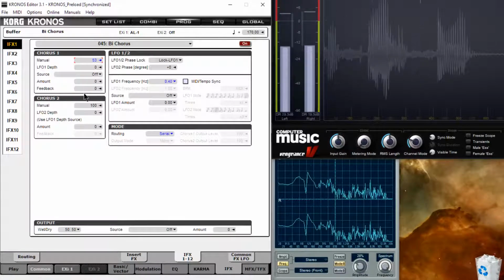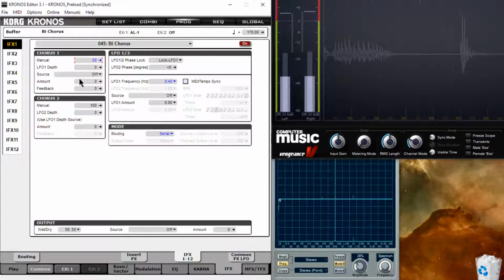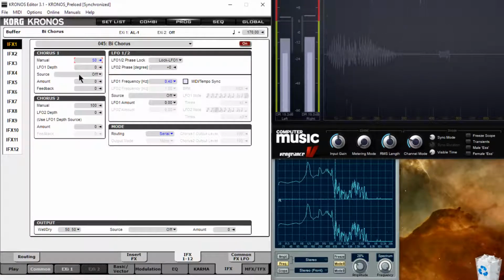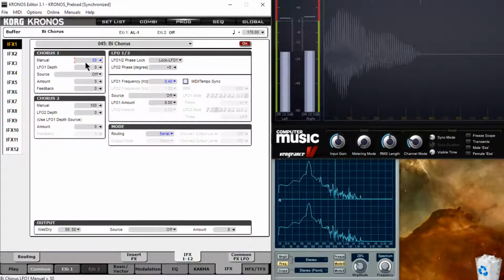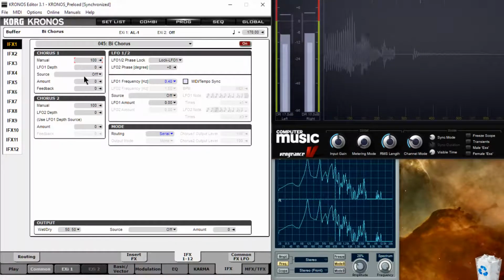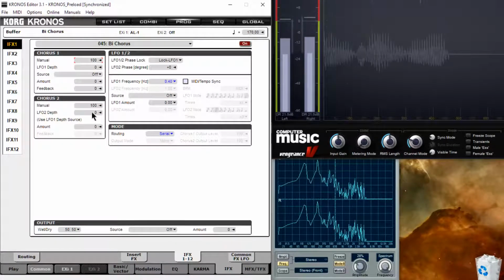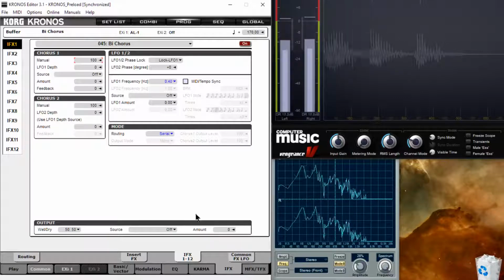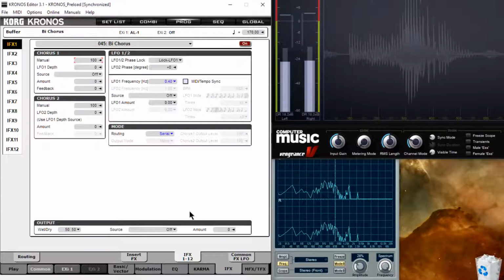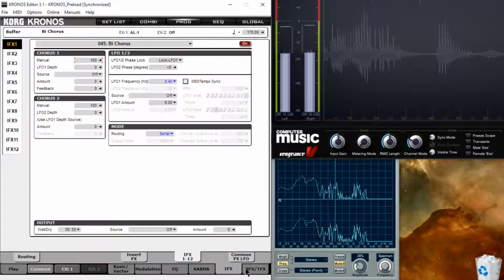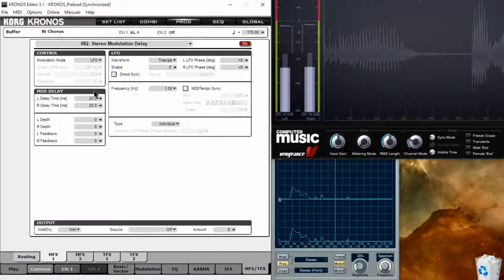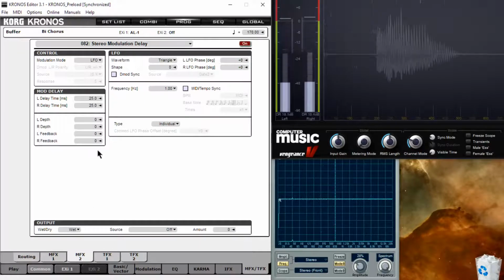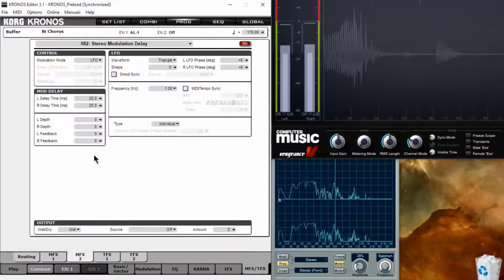So I haven't tested this exactly, but I'm pretty sure if you were at 50, it would be equivalent to 12.5 milliseconds. So if you have 25 milliseconds here with a value of 100, and 25 milliseconds here with a value of 100, then together you have a 50 millisecond delay. I'm mimicking that in the master effects by having a 25 millisecond delay and another 25 millisecond delay.